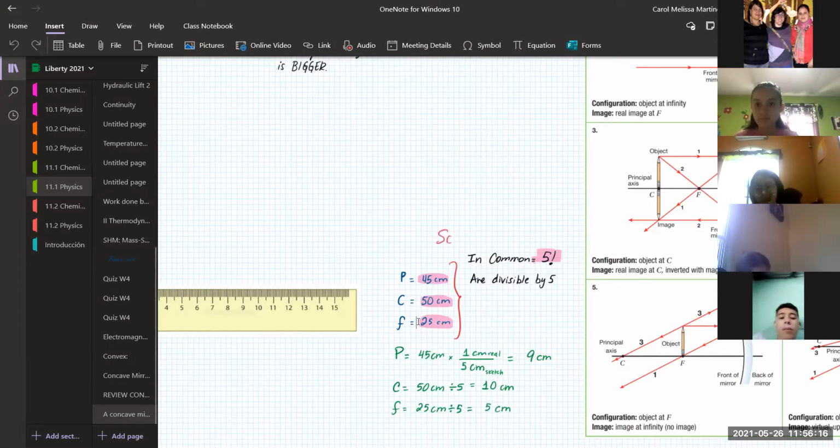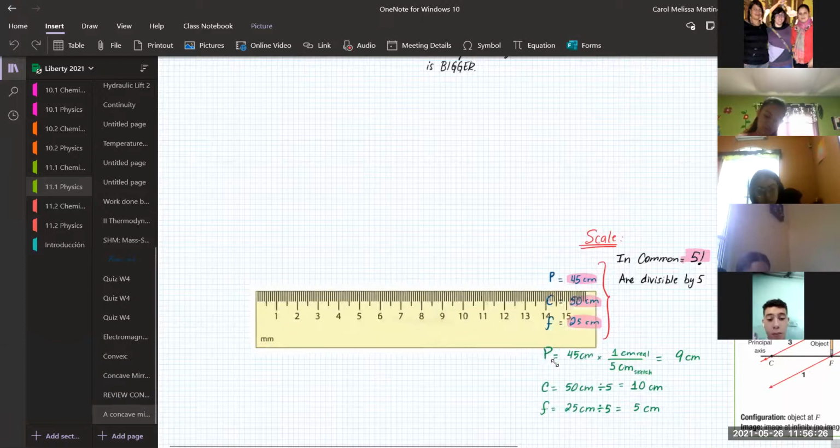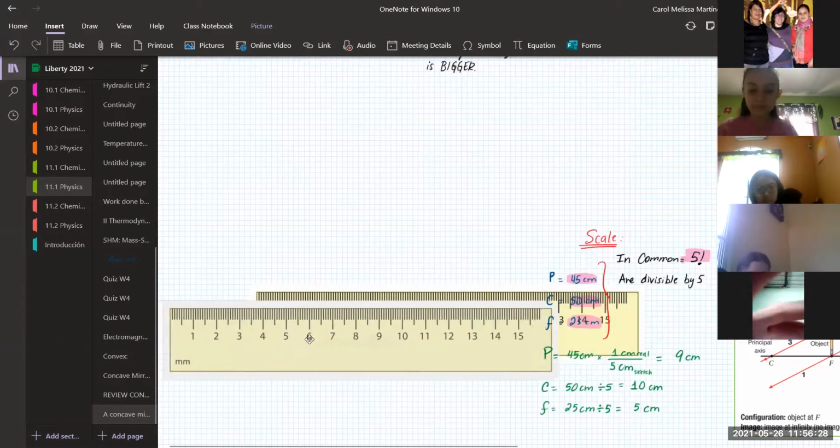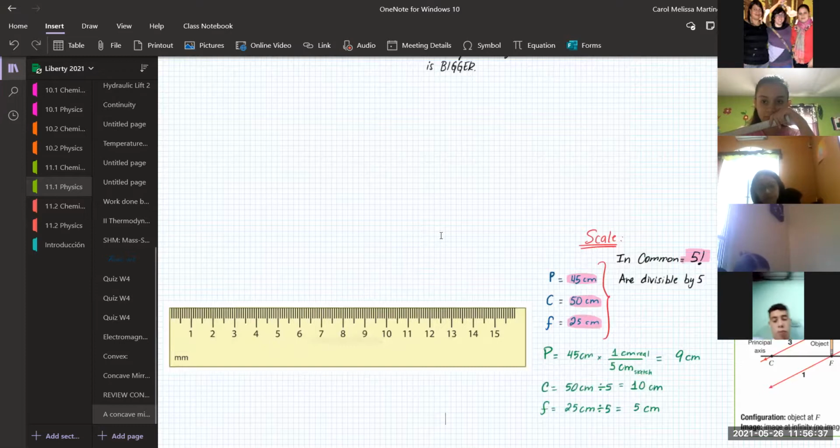Now, this is very slow, okay? I'm feeling optimistic. Now let's take a look. Okay, now I'm going to draw my mirror, okay? This is a concave mirror, so I'm gonna draw an oval right here.